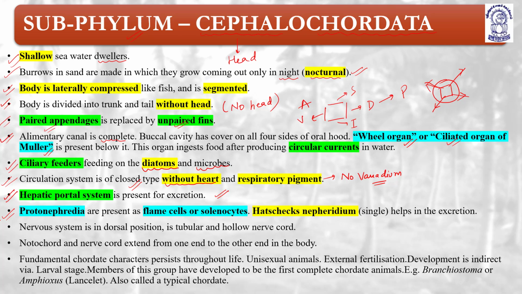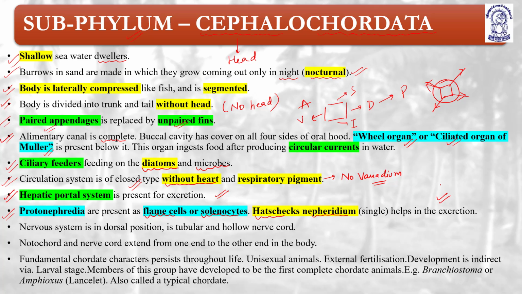In Cephalochordata, we have protonephridia, which are present as flame cells and solenocytes. Then there is Hatschek's nephridium, which is a specific name. It is a single nephridium which helps in excretion.